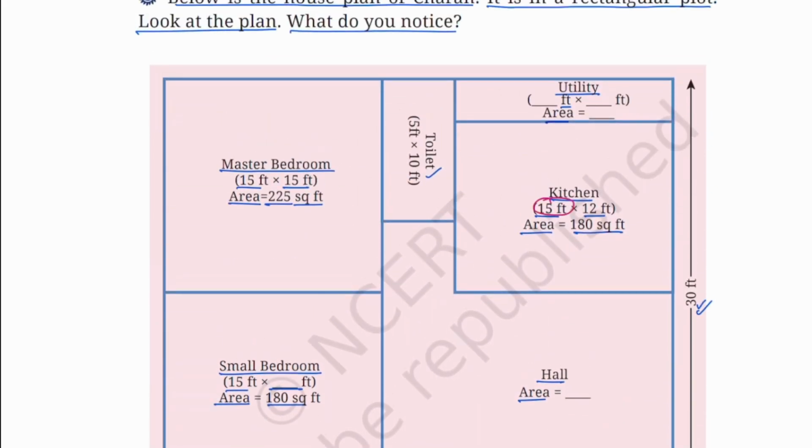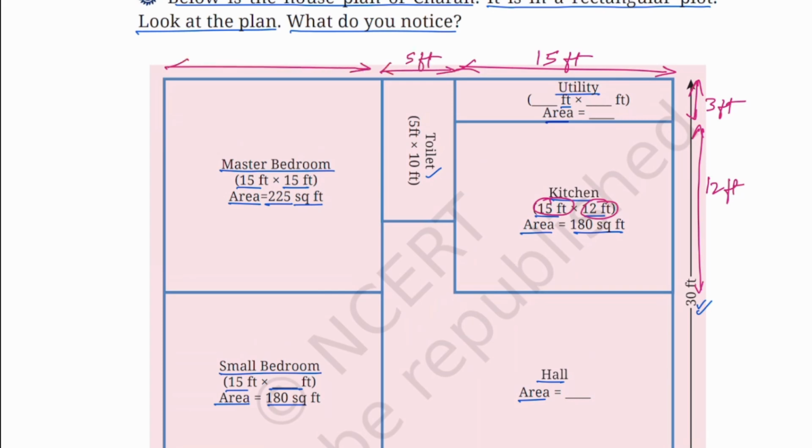Since this one is 15 feet and this one 12 feet, that means this side 12, this one 3, this one 15, and this one 5 feet, this one 15 feet.